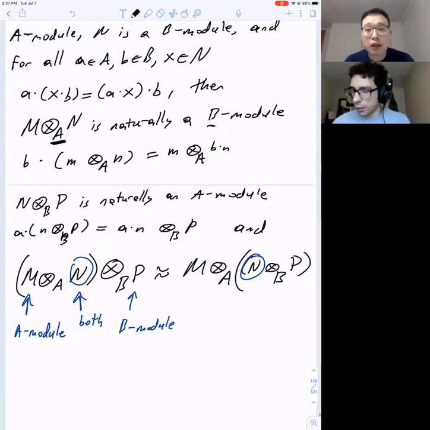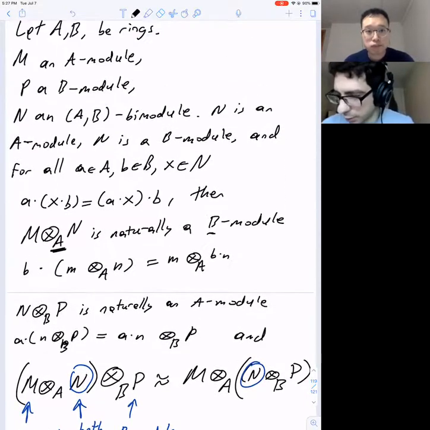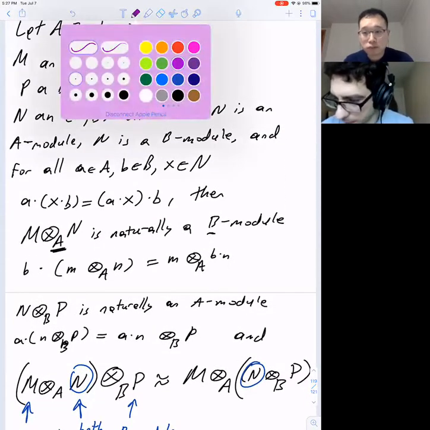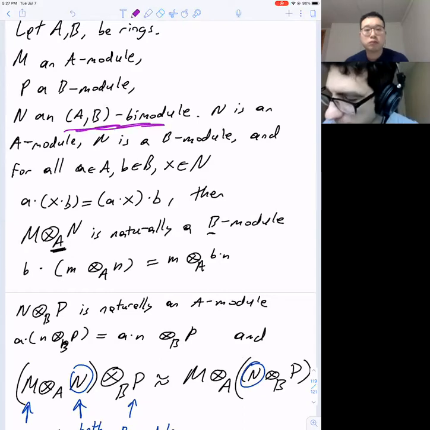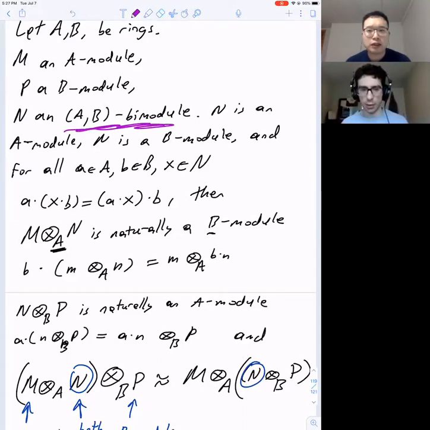I think whenever it says A-B bimodule, then yes. I'm wondering if there is an exception. For example, N just satisfies being an A module or B module, but we still want to consider the tensor products several times, maybe for some reason, right?